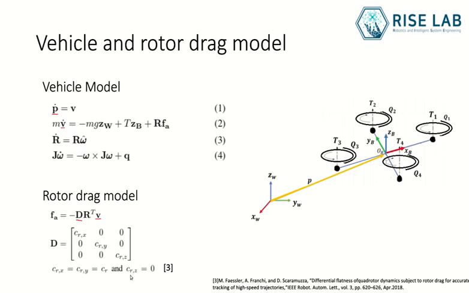Previous research has shown that the last element of the diagonal here is negligible, so we assume it is 0, and we assume that since the vehicle is symmetrical, the CRX and CRY coefficients are equal.